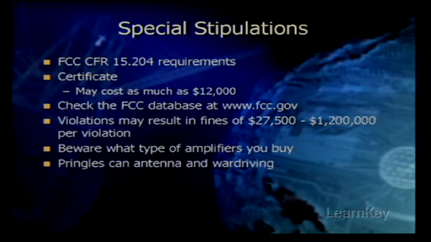And this ruling will directly affect those individuals that would connect a Pringles can antenna to a PC card for the purpose of war driving. What this does is to incur a potential fine of up to $1.2 million if caught. That's per violation per Pringles can antenna that's connected to a PC card. So be very careful with those situations. Make sure that you use nothing but certified equipment.